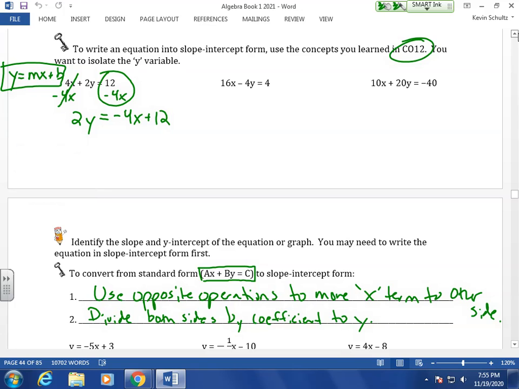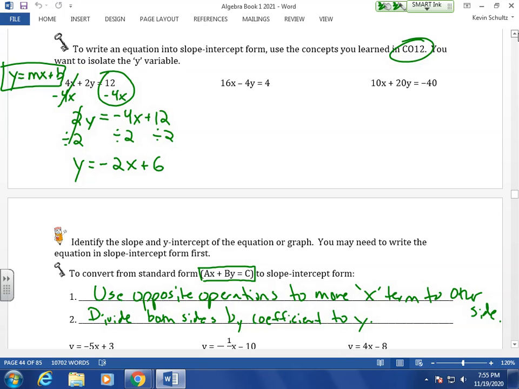So 2y divided by 2, and when I divide the right side by 2, I've got to divide both terms by 2. That gives me, on the left side, y by itself. Negative 4 divided by 2 is negative 2x. Positive 12 divided by 2 is positive 6.